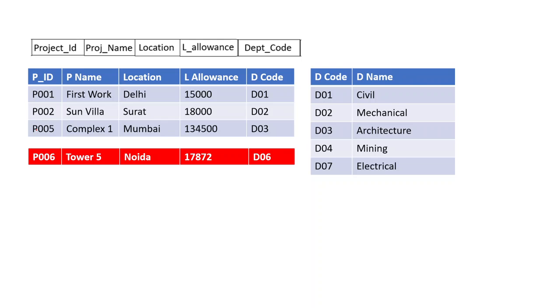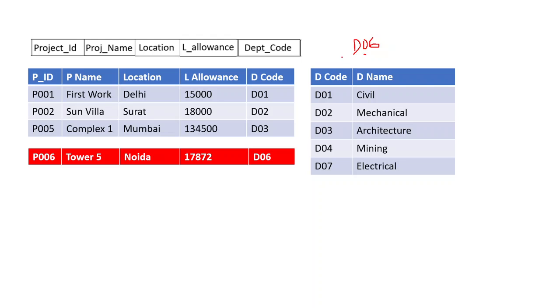Now this also brings us to another important issue, that is, say if department D06 actually exists. So a new department has been opened, and the management has decided that this department will be coded as D06, but the data entry operator by mistake has not yet entered the details of this department D06 into this table.